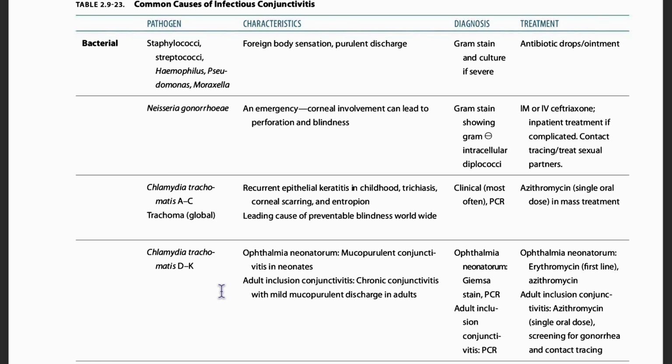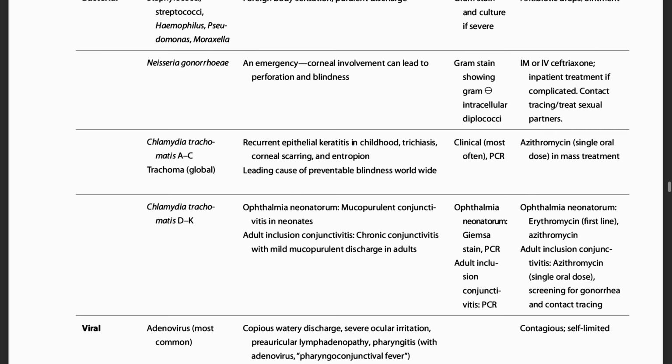Adult inclusion conjunctivitis is PCR again. Mostly it's clinical, otherwise for A to C. Treatment here is ophthalmia neonatorum, erythromycin first line, and azithromycin. For adult conjunctivitis, azithromycin, single oral dose, screening for gonorrhea, and contact tracing.